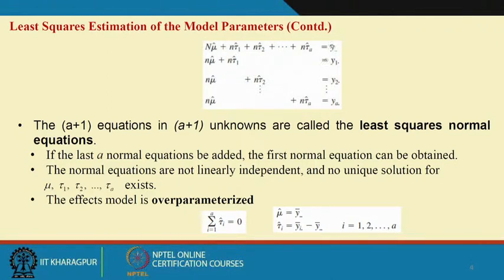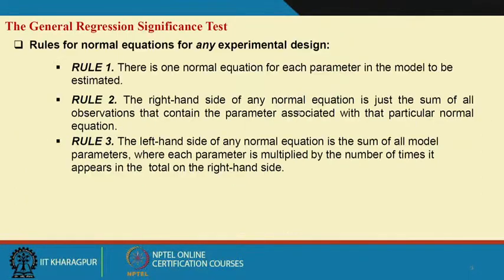The second one, with respect to tau 1, is the sum of observations. So like this, the right hand side of any normal equation is just the sum of all observations that contain the parameter associated with that particular normal equation.